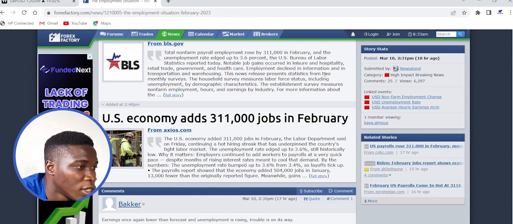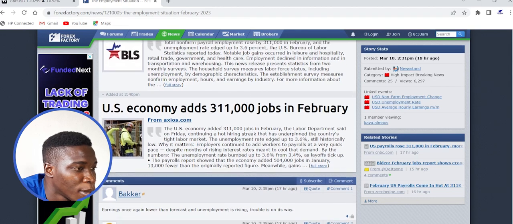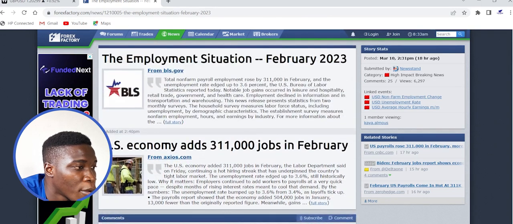Can you see notable job gains occurred in leisure and hospitality, retail trade, government and healthcare. Employment declined in information and in transportation and warehousing. This news release presents statistics from two monthly surveys. The household survey measures labor force status, including unemployment, by demographic characteristics. The establishment survey measures non-farm employment, hours and earnings by industry.